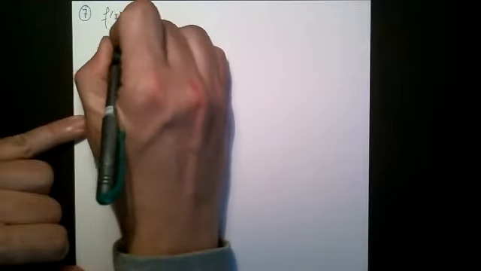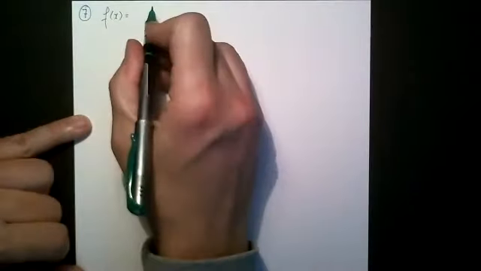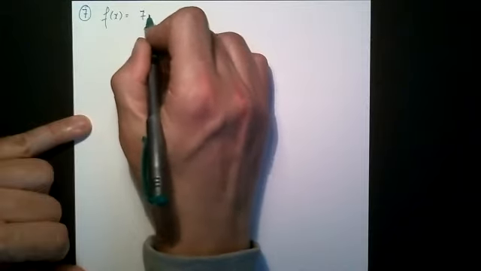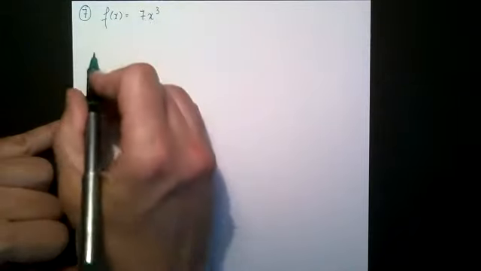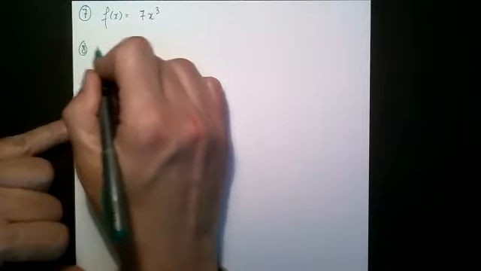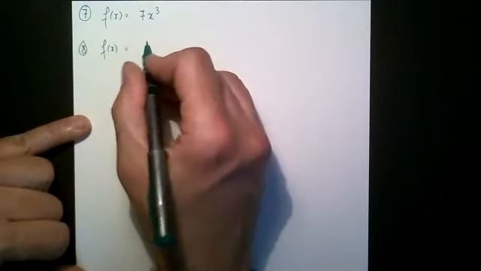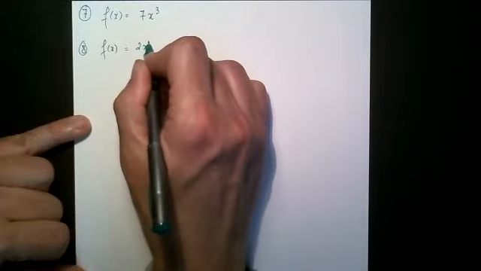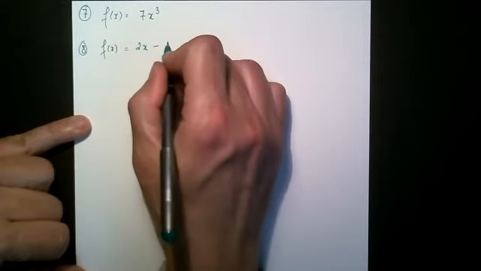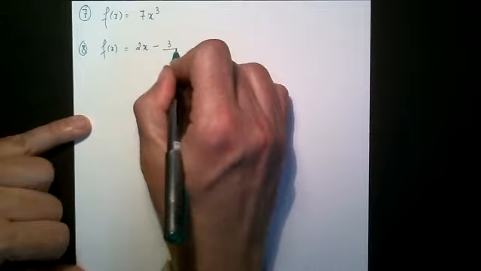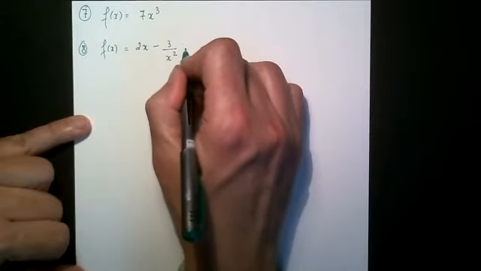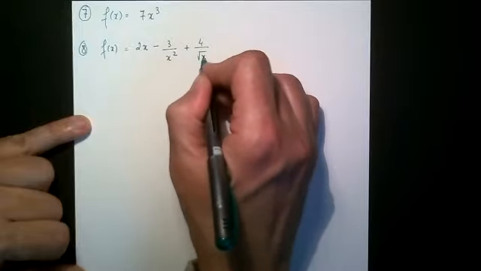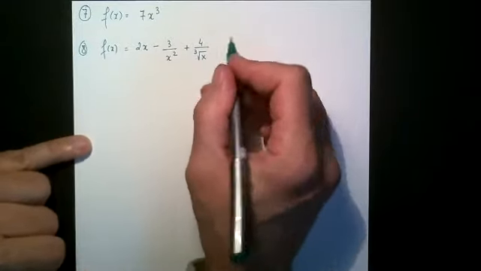So f of x is equal to 7x cubed. Then 8. f of x equals 2x minus 3 over x squared plus 4 over the cube root of x.